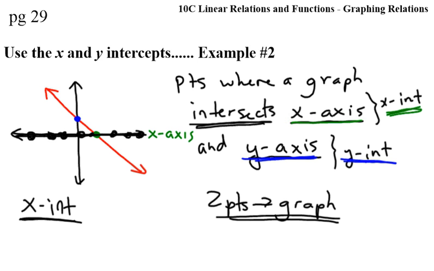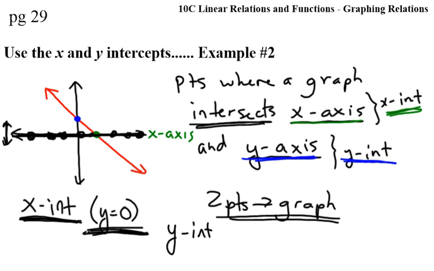What do we know? We know that we haven't moved up or down. Every x-intercept has a y value equal to 0. The only way to hit the x-axis is if y is 0 because we're not moving up or down. And so then the second part to that is a y-intercept.